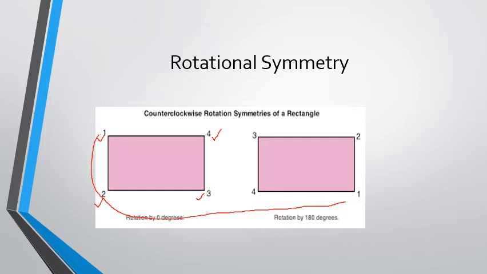So first is this position and second is this position. So we get two positions of similar looks. The order of rotational symmetry is the number of times a shape looks the same as it is rotated through one full turn. So the order of rotational symmetry for a rectangle is 2.